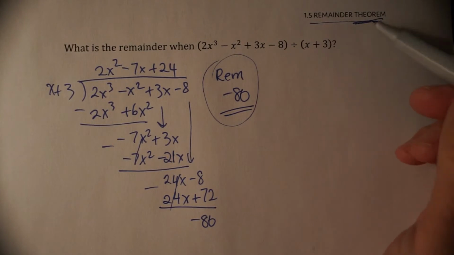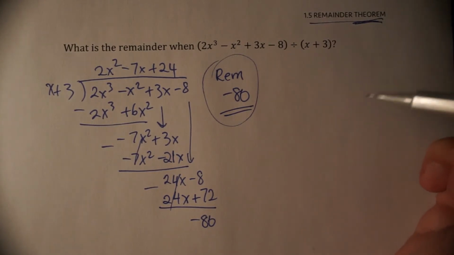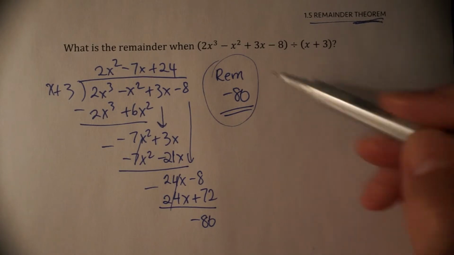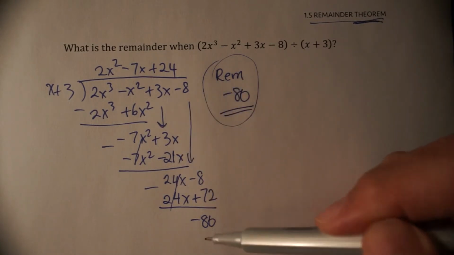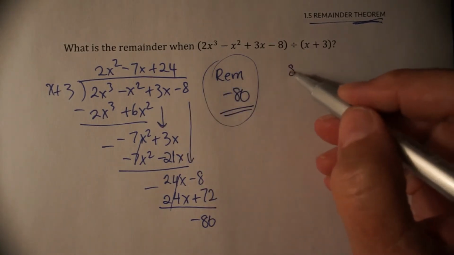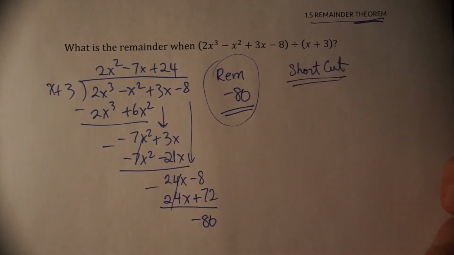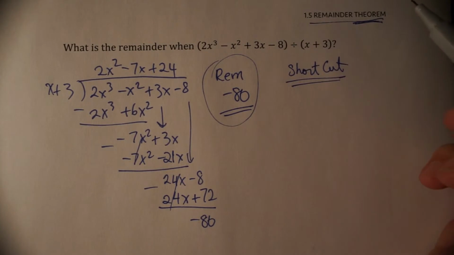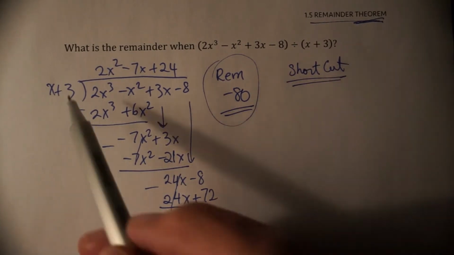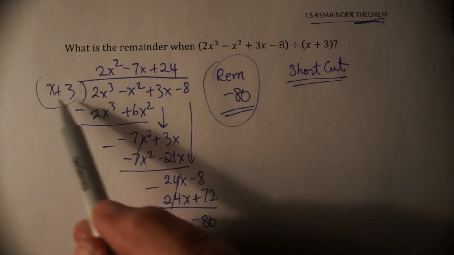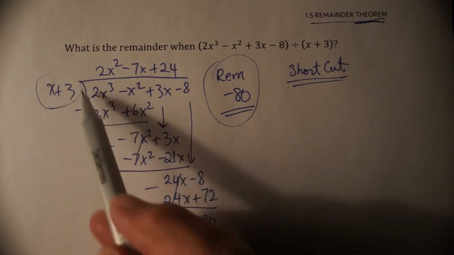So the theorem is like a little rule, like a pattern someone noticed way back in the day, where we don't have to do all the division to find the remainder. There's like a shortcut. You all like the shortcuts. The shortcut to find the remainder is called the remainder theorem. What you do is you take your divisor here and you say, what value of x would make this equal 0?